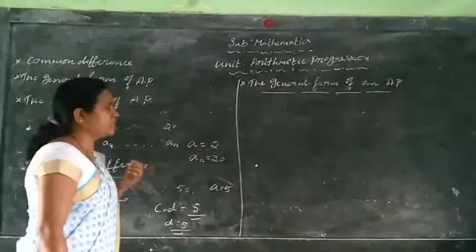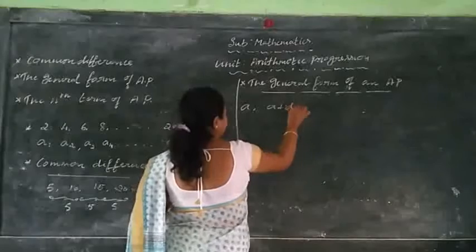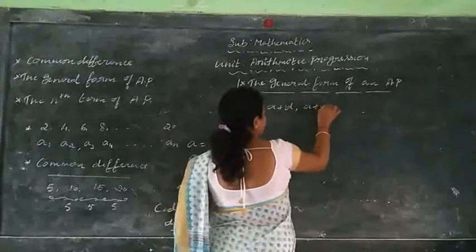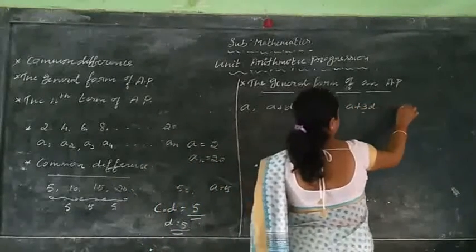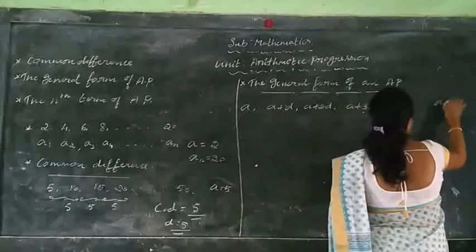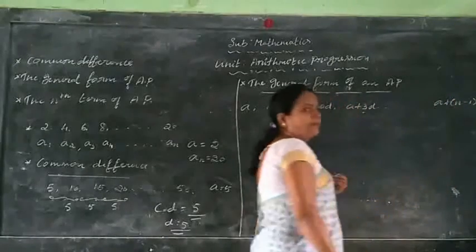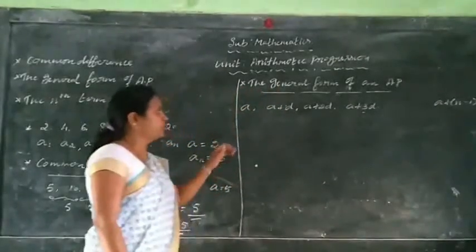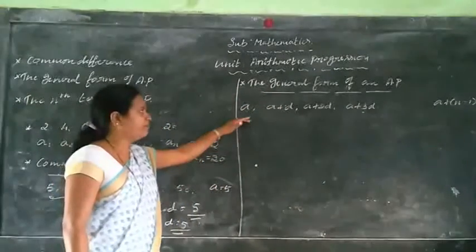Okay. So the general form of AP is, children, A, A plus d, A plus 2d, A plus 3d. It goes on, children. A plus (n minus 1) into d. A plus (n minus 1) into d. So this is the general form of an AP.